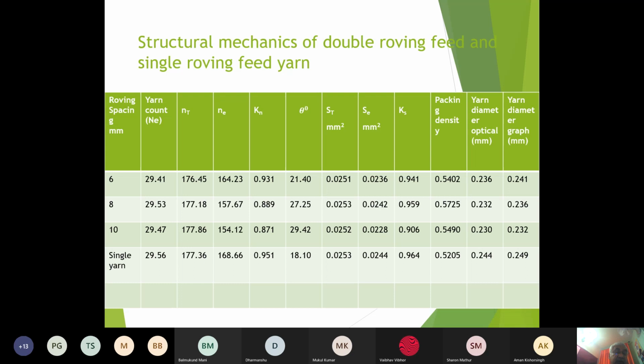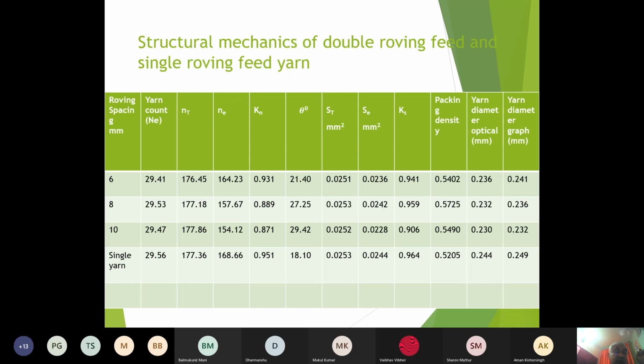Here the number of fibers in the cross section is lesser. Another interesting phenomenon: as my roving spacing is increasing, here it is 6 mm, here 8 mm, and here 10 mm, the actual number of fibers in the yarn cross section is reducing.